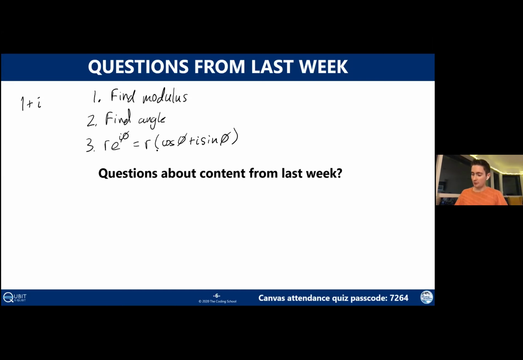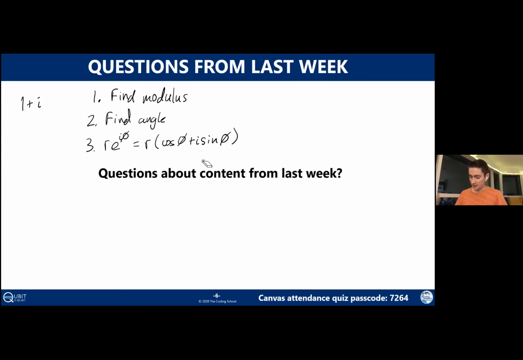Remember, we talked about how this cos phi plus i sin phi is really just a point on the unit circle, and essentially, by some magic, you're able to write that as an exponential. Last week, we talked a little bit about why that is really not intuitive, but it's something that we're just going to take for granted for now.